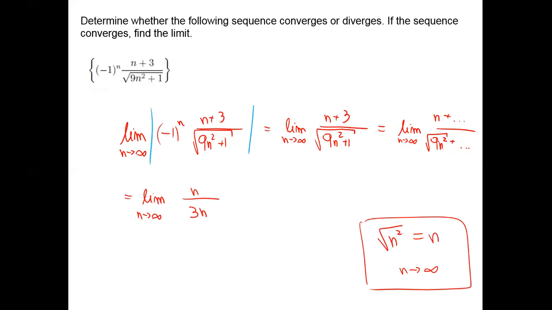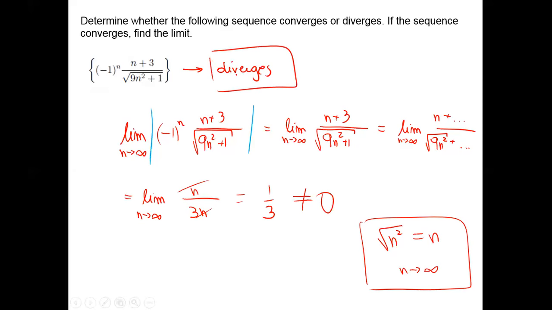The answer is 1/3, which is not 0 because we took the absolute value. That means again positive 1/3, negative 1/3, positive 1/3, negative 1/3. The sequence is divergent. Thank you.